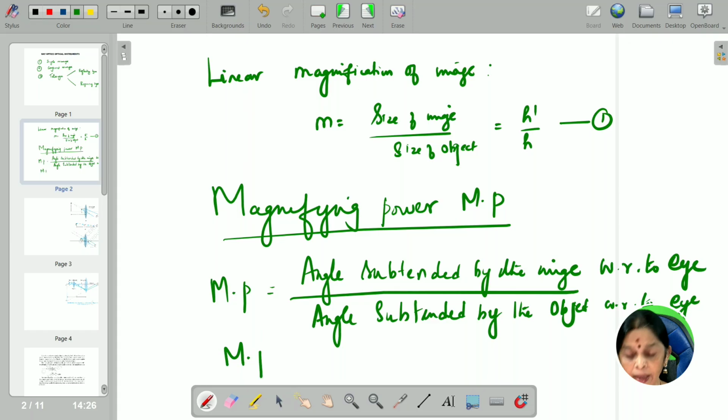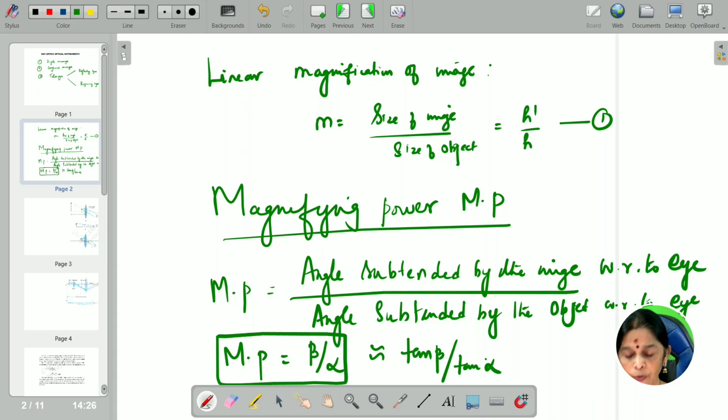Simply, you can write it as beta by alpha. For small angles, you can write this MP as tan beta by tan alpha. So, this is angular magnifying power, which we are going to use in the next topic.